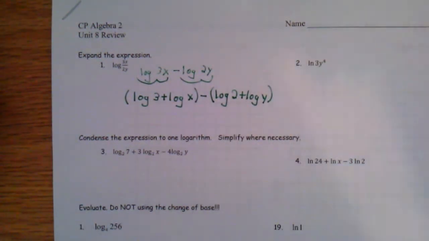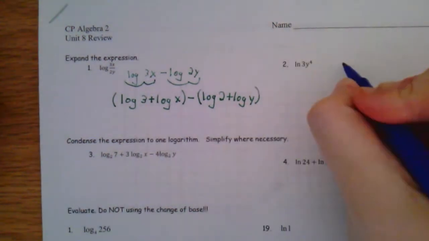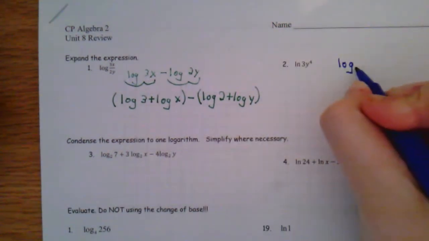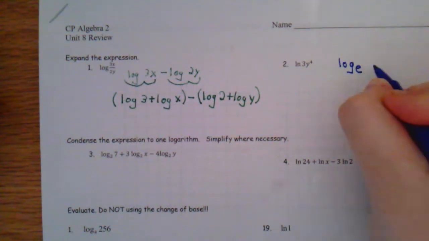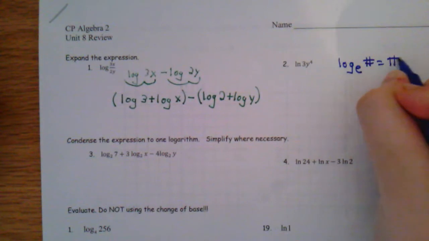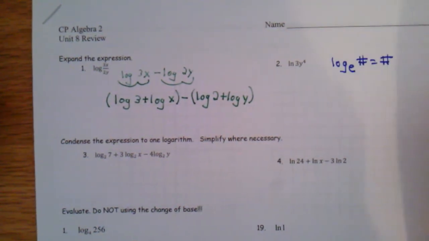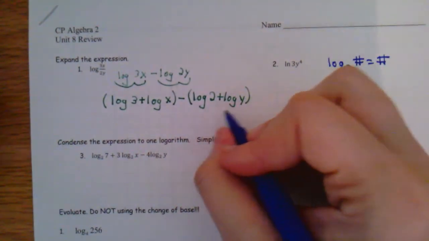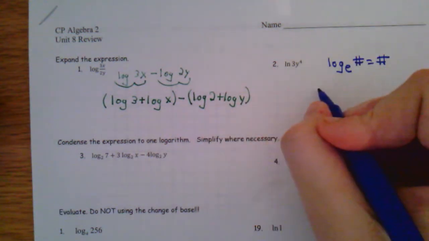The second piece, like I said, it's ln, but if you guys recall, ln is still log. It's going to be the log of base e, and then some number equals some other number along those lines. It's still a log, and therefore all of these properties that we just talked about over here still apply.